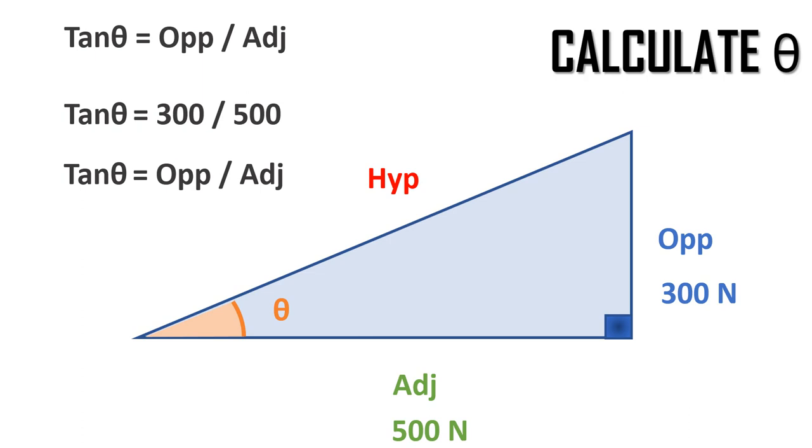And in order to do that, we need to move tangent over to the other side of the equation. And when we move a number or a function over to the other side of an equation, it inverts. It becomes the opposite of what it was on the other side. So in this case, we take tangent of theta, move it over to the other side of the equation, and we are left with theta equals the arc tangent of 300 divided by 500.